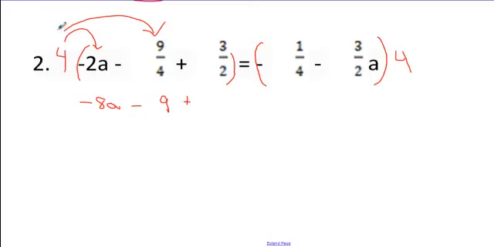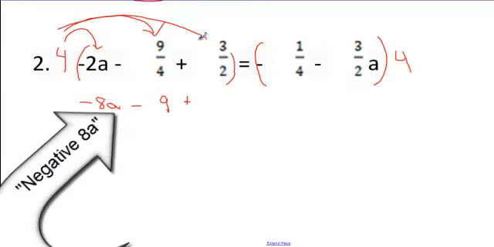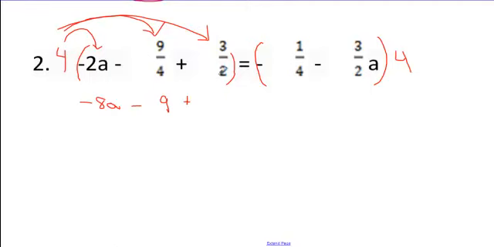One more term on this side to distribute to. This is the distributive property: a number on the outside multiplying numbers on the inside. So 4 times 3 divided by 2. But again, I'm going to do the division first. 4 divided by 2 is 2, times 3 is 6.